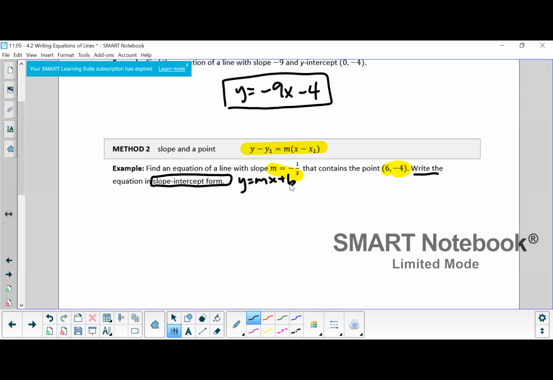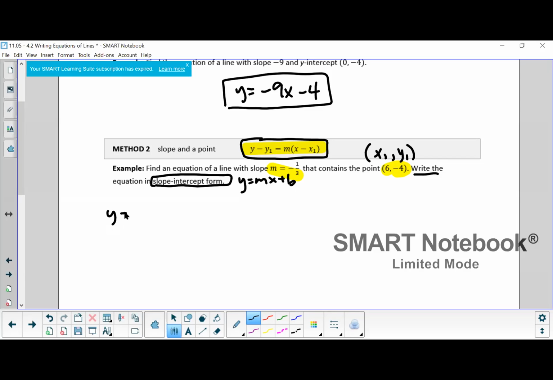The 6, -4, this is your x1 and your y1, which is going to go into that formula. So I'm going to take this thing and just plug stuff in. The y is going to stay y. So I have y minus y1. So my y1 is -4. Okay, so I'm subtracting.